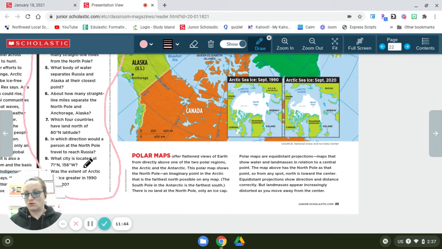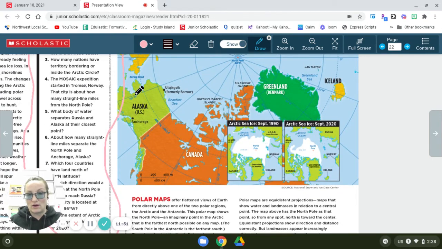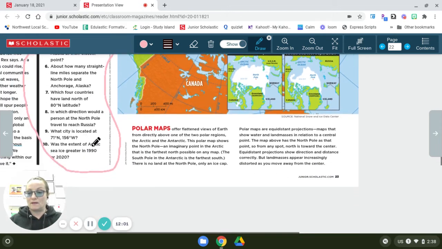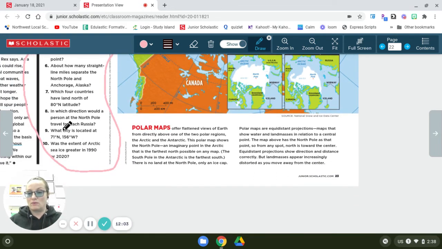Remember, you'll be going around a circle here. And then 156 degrees west. So you're going to have to look all the way around here. Well, there's 140 west and there's 160 west. So keep that in mind. What city, remember it's a city, it's not a country, is located at this point right here?